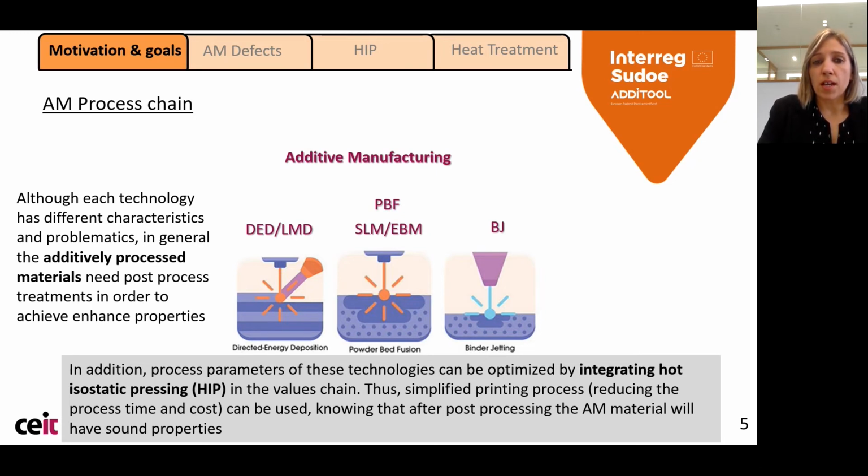So we can, for instance, reduce the times of these direct energy deposition or powder bed fusion process parameters, doing them faster and maybe not obtaining the best material. Maybe we have porosity, but knowing that afterwards, as we are going to use heat, we are going to be able to close these defects and therefore achieve a sound material.